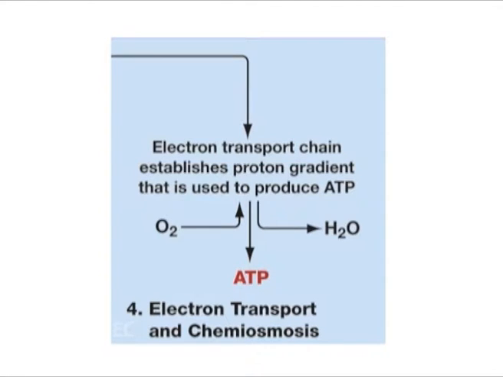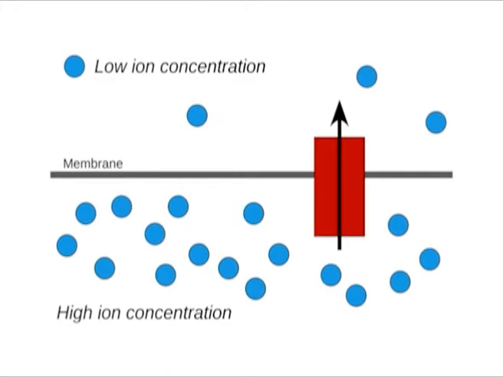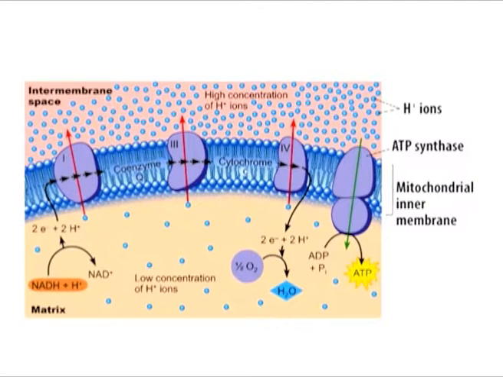Electrons from NADH and FADH2 are then shuttled across the mitochondrial membranes, producing an electrochemical gradient, and through proton driven chemistry of the ATP synthase molecule, electrons get transferred to molecular oxygen, generating ATP, the adenosine triphosphate molecule, by oxidative phosphorylation.